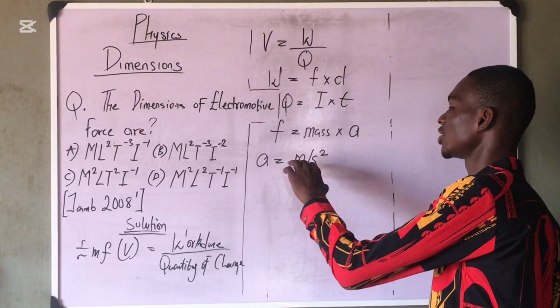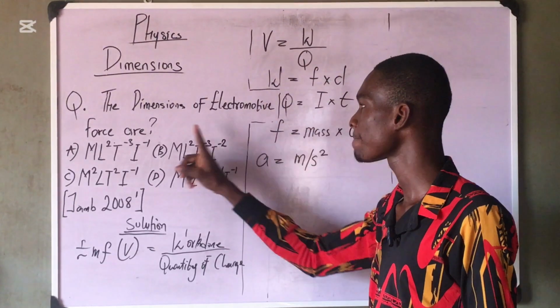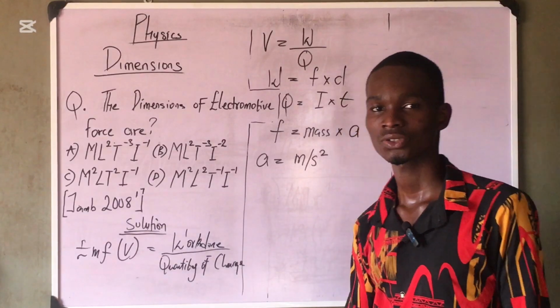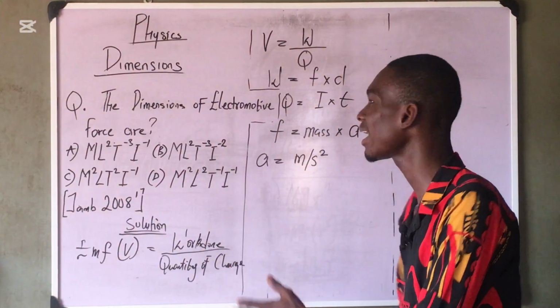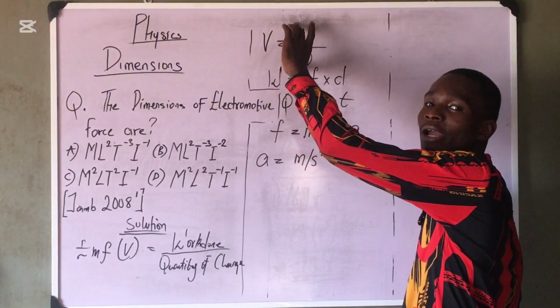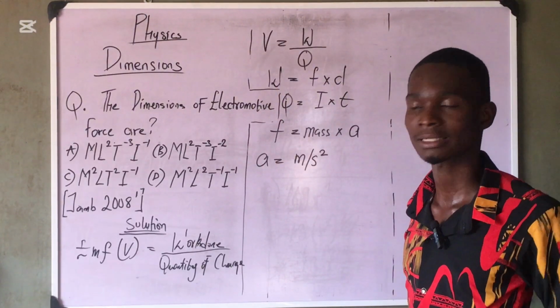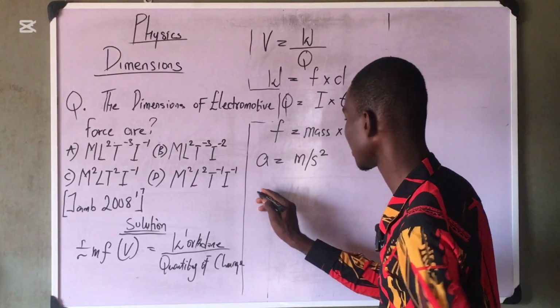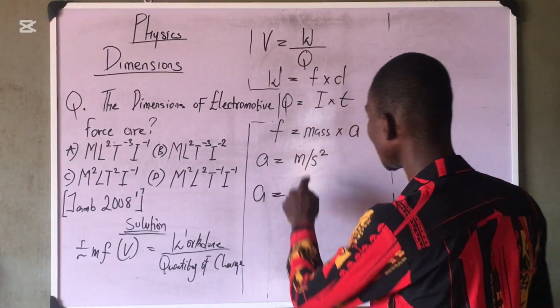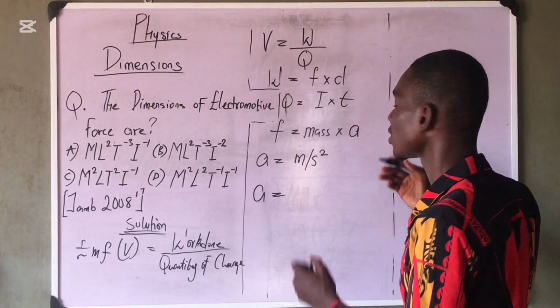And if acceleration is meter per second square, now, can we apply the dimensions using the first letter of this? But before I do so, remember that I will start from the down and come up. That is the pattern.